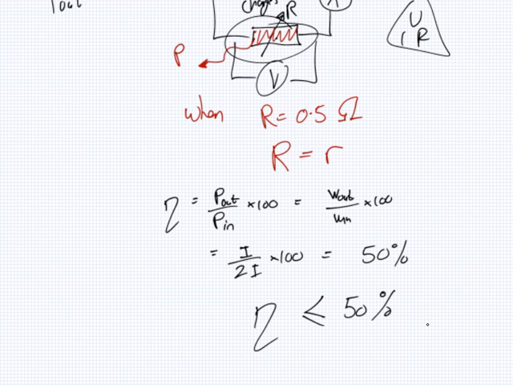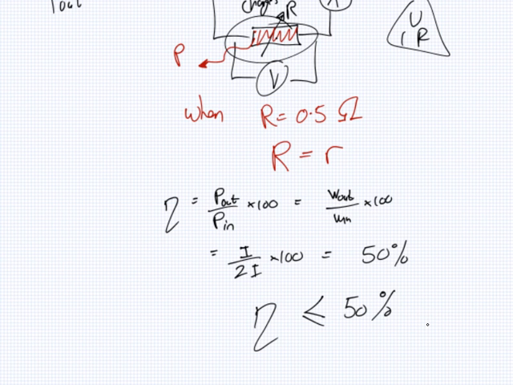The most efficient way to use this battery is if the external resistance is equal to the internal resistance. If your external is bigger than your internal, or even if it's smaller than your internal, then you're using the battery less efficiently and wasting more energy.